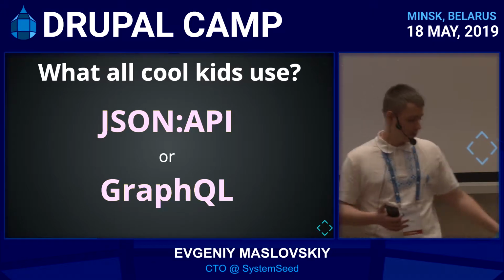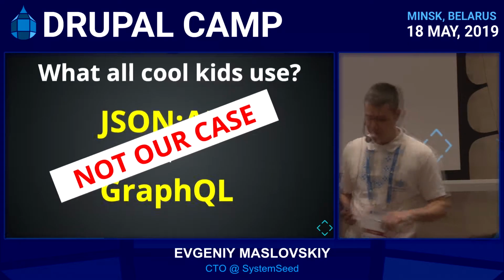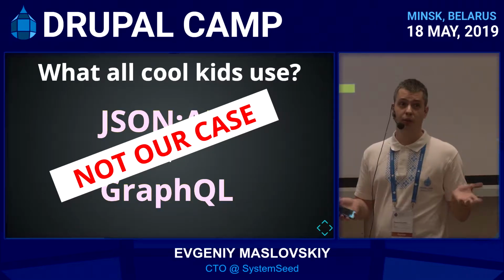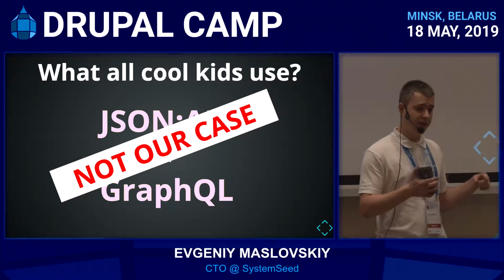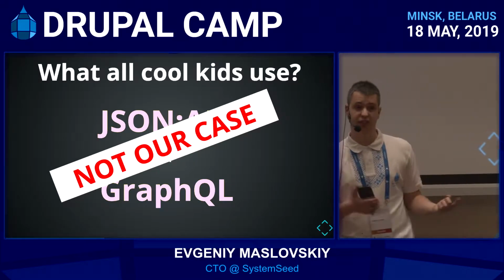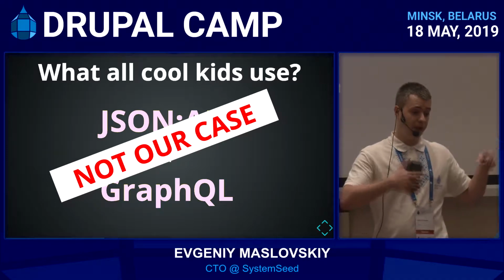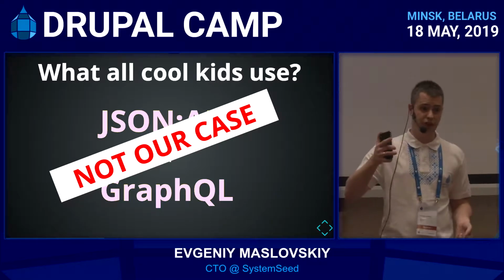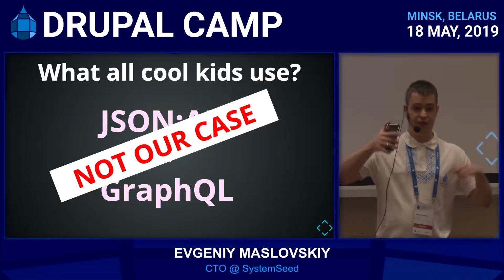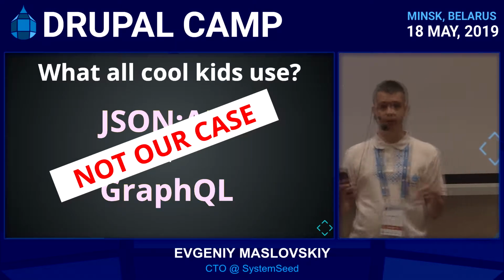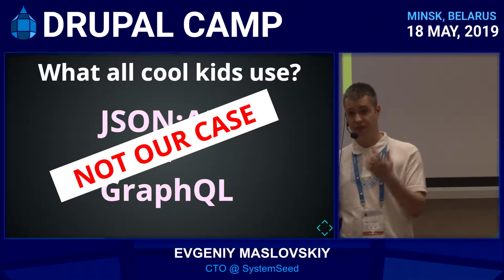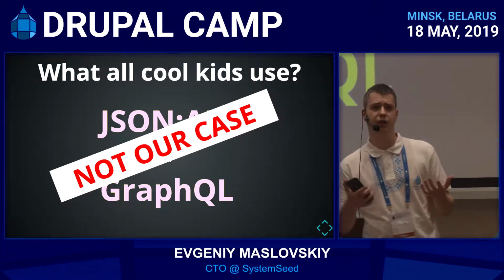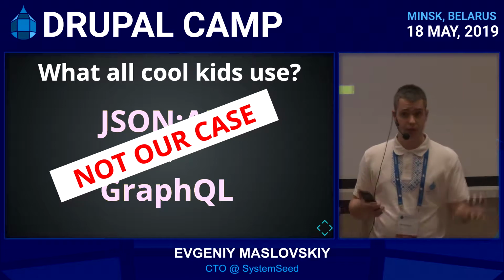in our case, we had a client with 60-something paragraph types, and having to ask front-end developers to build a query to fetch 60 different paragraph types with different fields. And remember, paragraph types are references, and they also have fields that might reference, for instance, taxonomy terms or other nodes.